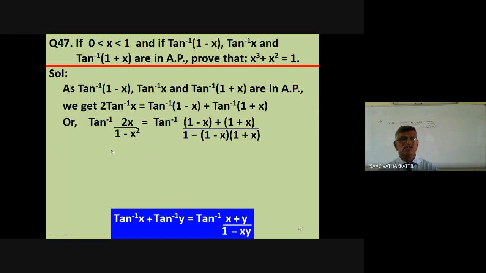So its inverse is also a one-one and onto function. That's a bijection. Tan inverse is a bijective function. So tan inverse x equal to tan inverse y will imply x equal to y. So tan inverse of 2x by 1 minus x squared equal to tan inverse of something else. So let's simplify this.